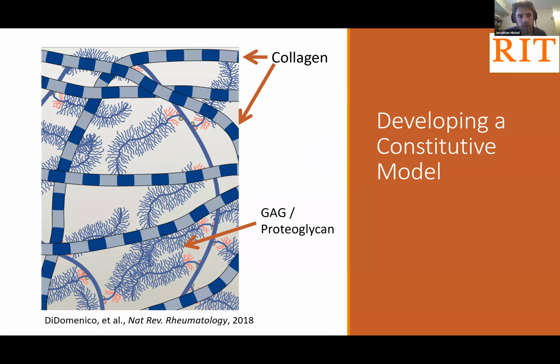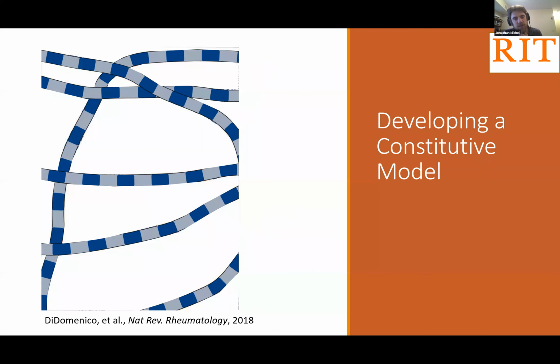Let's see. So in putting together our model, we start by looking at this full picture, where we have collagen shown in these thick striated bands immersed in this gel, and to get started, we wanted to just focus on the collagen scaffold.